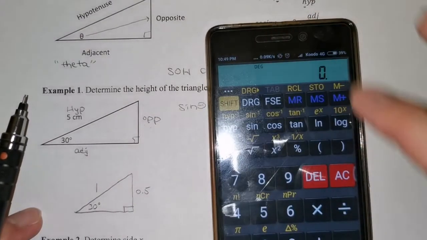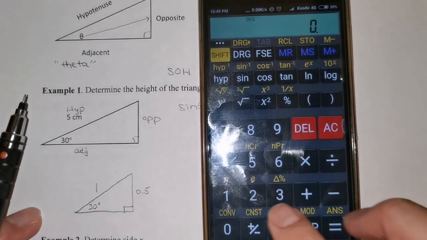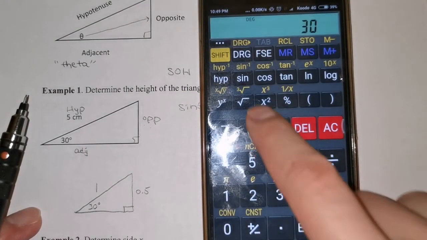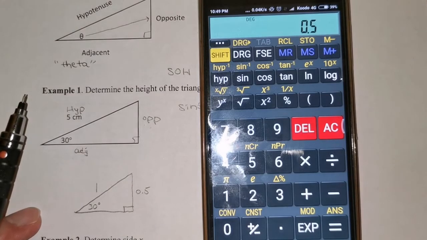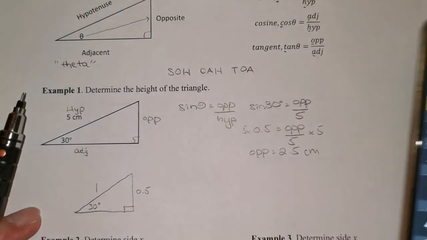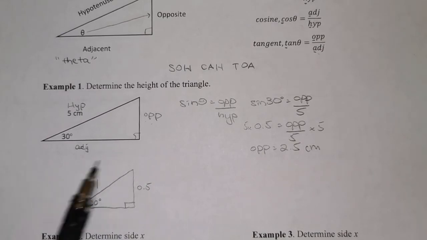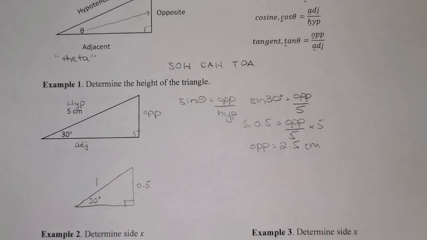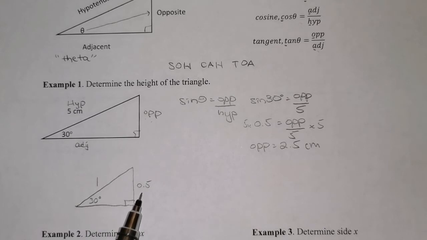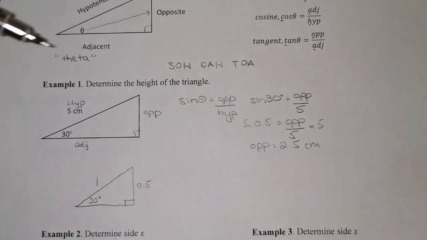So that's how you get the 0.5 if you go 30 sine. Then it gets 0.5. So what the calculator does is it kind of has like this triangle inside the calculator, and it's got all the different angles all programmed in. So that once you know which angle it is, it can figure out the number, the height, or the base of the triangle, depending if you're doing sine or cosine.